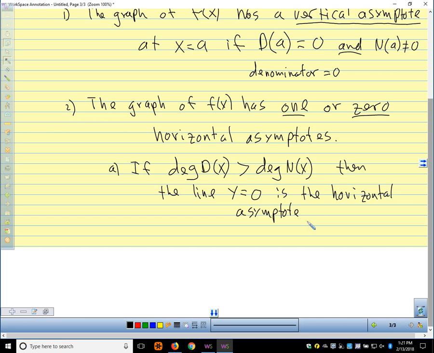So that means that eventually our function gets closer and closer to 0. We keep dividing by a bigger and bigger number, and our function gets smaller and smaller.